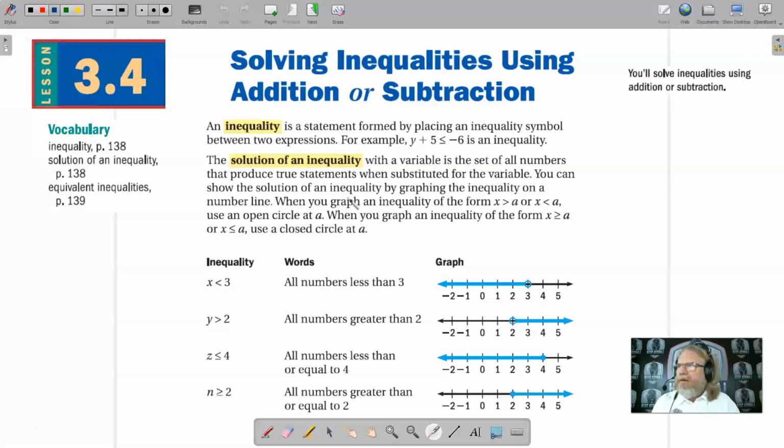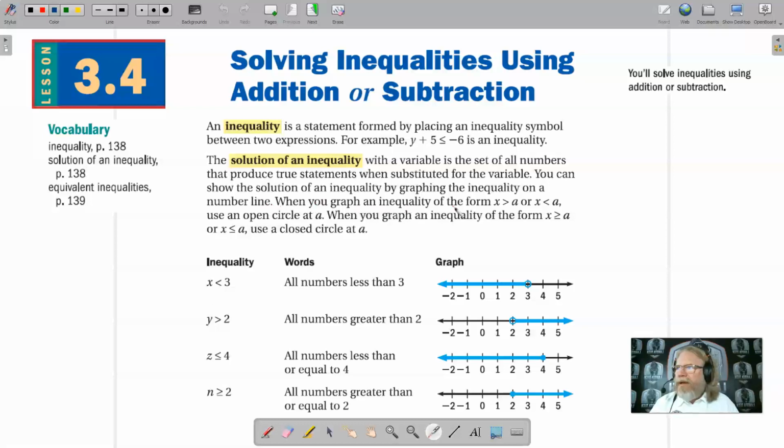You can show the solution of an inequality by graphing the inequality on a number line. So just as you graph points on a number line to find out where a number would go, we're going to do the same with inequalities as well.